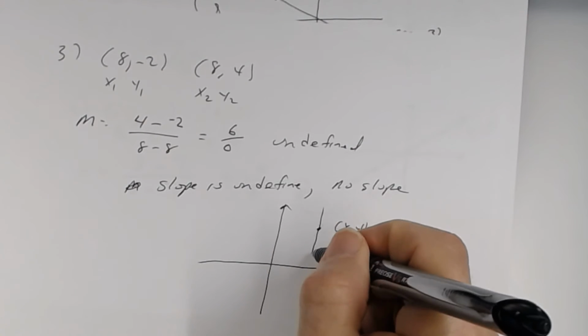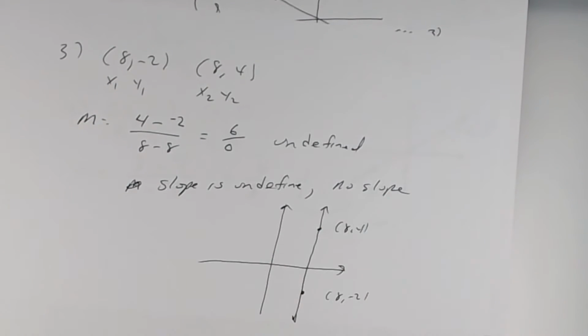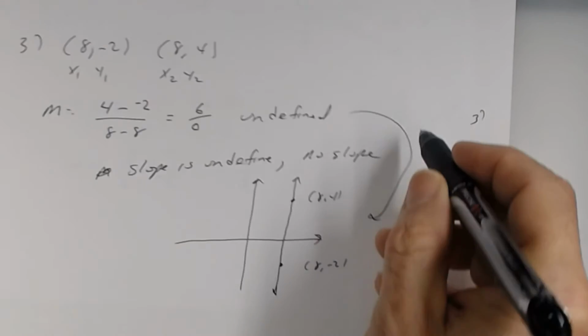What kind of line is this? It's a vertical line. And remember, the slope of a vertical line is undefined, or no slope. So undefined slope means you have what kind of line? Vertical line.